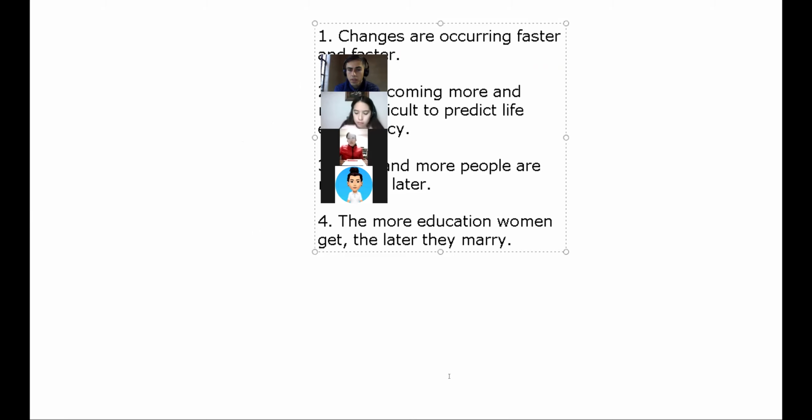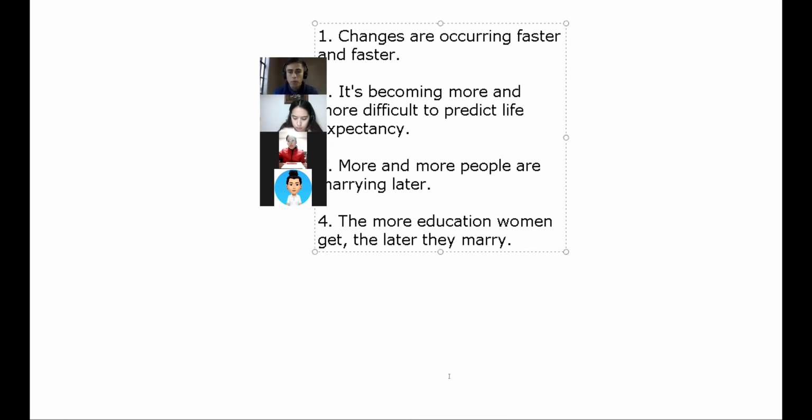What is "more" in the sentence? Yes, Isabel? "More" in a sentence can be a cause. Okay, more education, an increase.